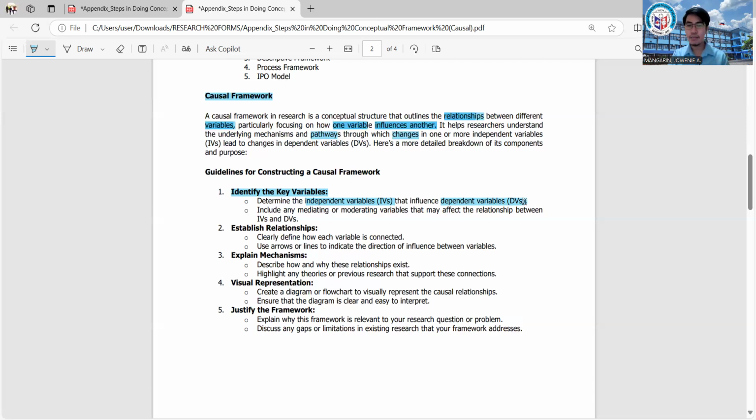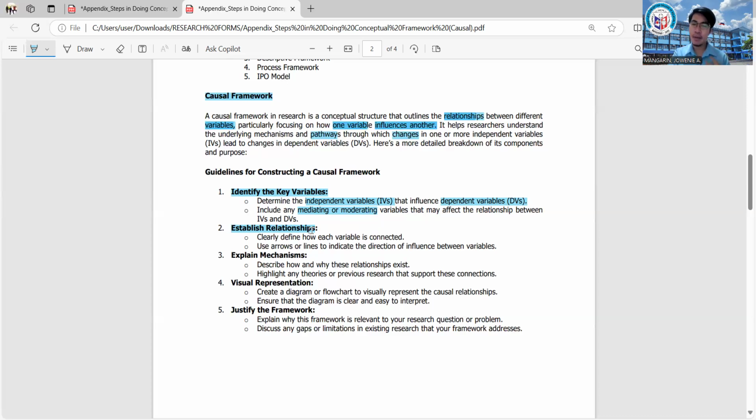But aside from that, kailangan mo din ma-identify yung tinatawag natin na mediating or moderating variable. Bakit kailangan nating ma-identify yung tatlong variables na 'to? Yung independent, yung dependent, and mediating variables. Kasi ito yung tutulong sa atin for the second guideline, which is to appropriately establish the relationship that exists between all the variables that we have.